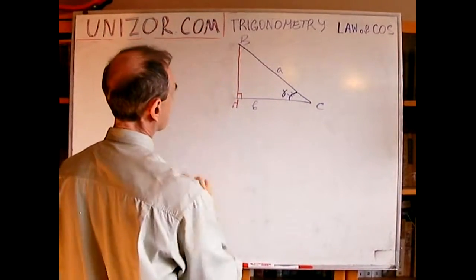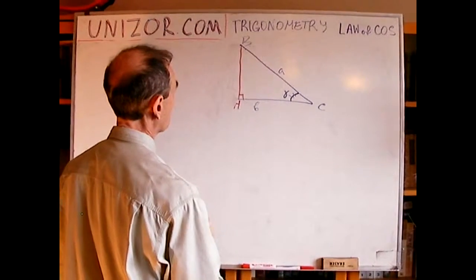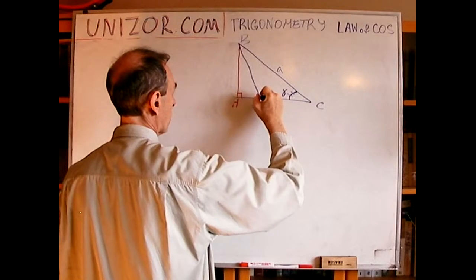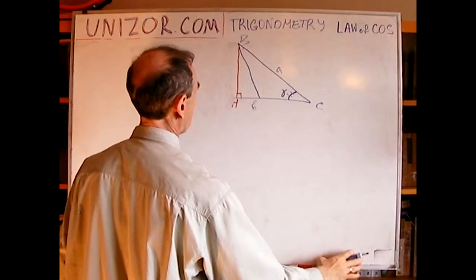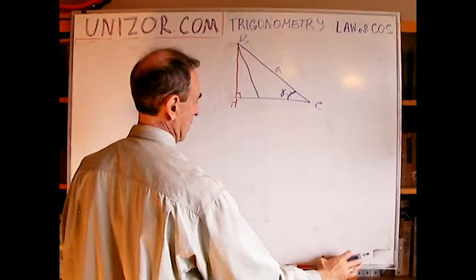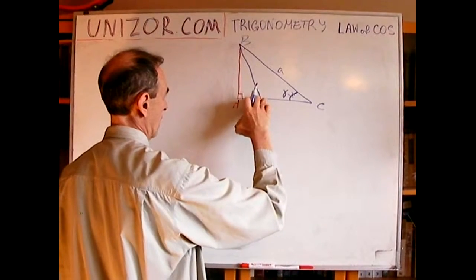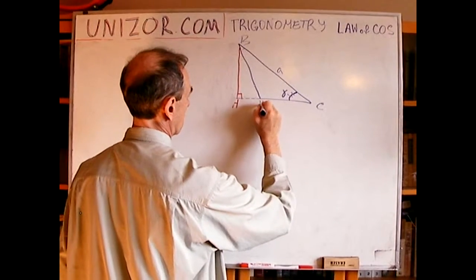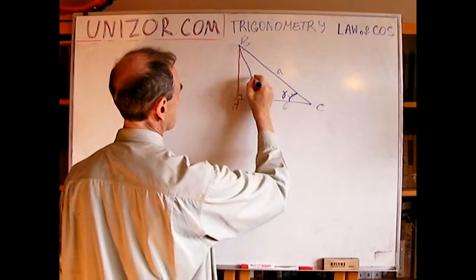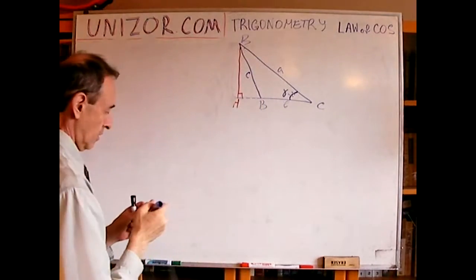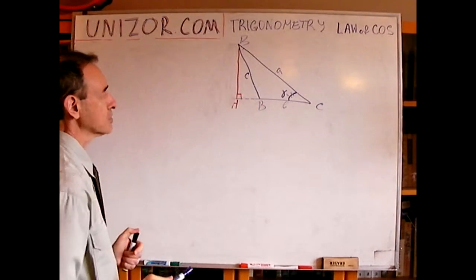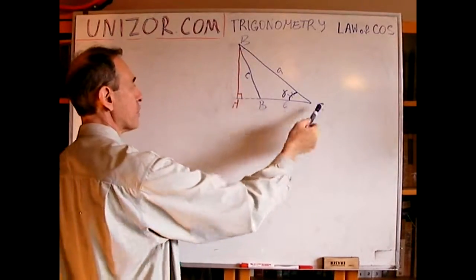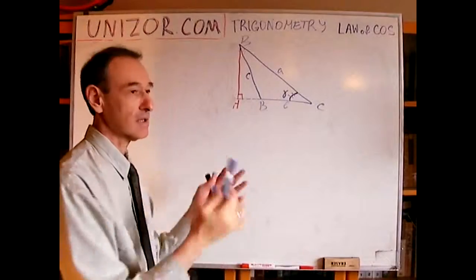What if our triangle looks like this? So this is point B, this is side b, this is side c. So this is an obtuse angle, which means that the altitude doesn't really drop in between A and C. So we don't have exactly the same picture.